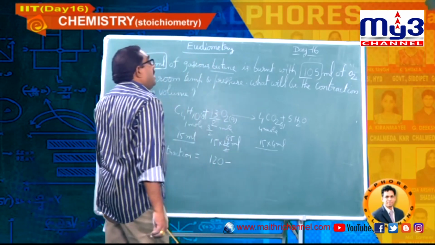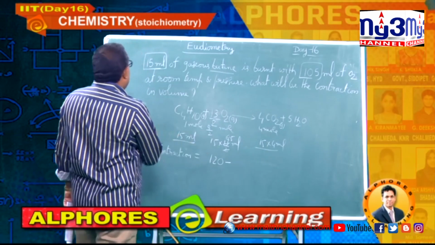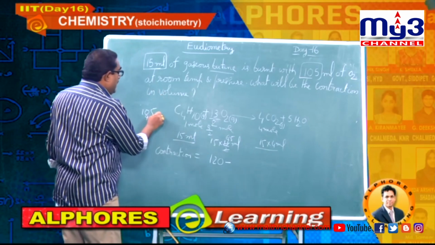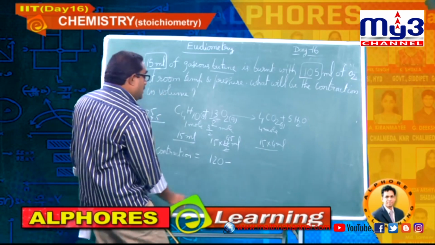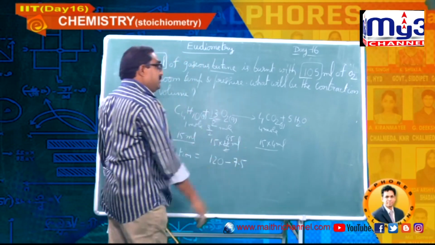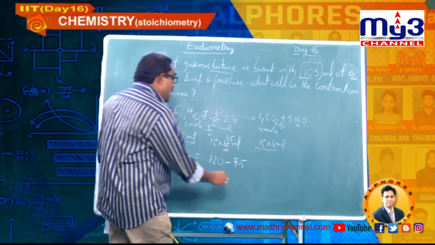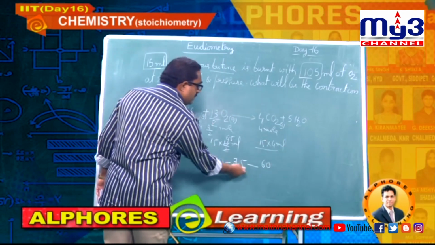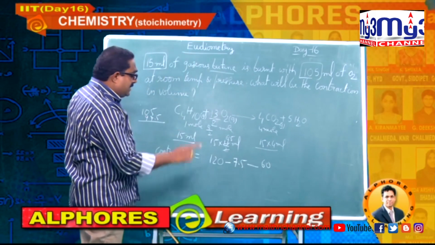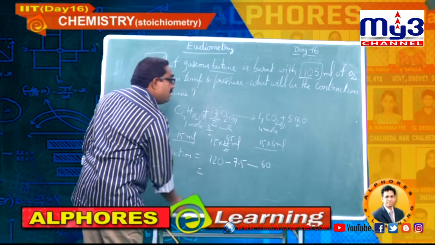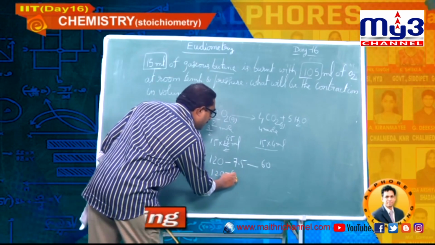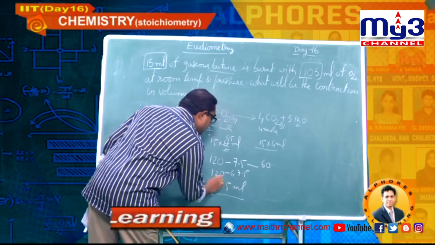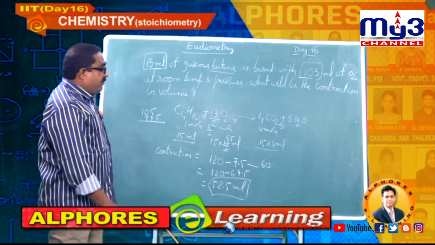Here there is some unreacted oxygen, because oxygen is given as 105 ml. Out of that, consumed is only 97.5, so 7.5 is left unreacted, and 60 ml of products is going to be formed. So volume of reactants minus volume of products gives the contraction in volume. Total it is 120 minus 67.5, that is 52.5 ml. So that is our final answer, 52.5 ml.